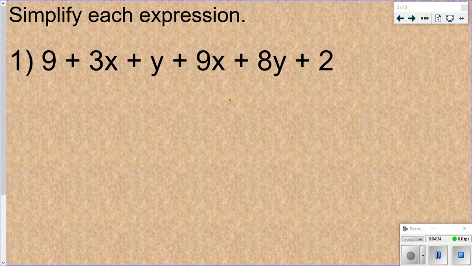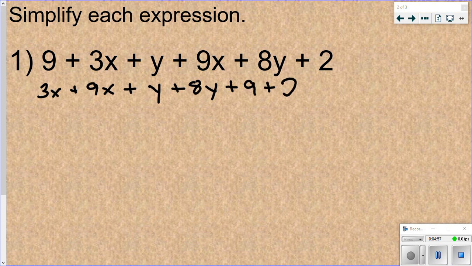So let's rewrite this. Let's put the x's first because they come first in the alphabet. So I'm going to rewrite this as 3x plus 9x. And then let's put the y's. So I have plus y plus 8y plus 9 plus 2.